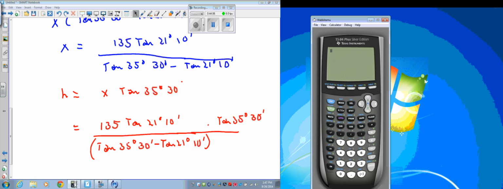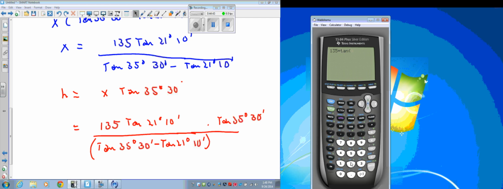It will make no difference which way I do it, but it's easiest to see. If I put 135 tangent of 21 10, tangent of 35/30, I could bracket it or not, but I'll bracket the numerator, and then I'll bracket that denominator. So I'll go 135. Oops, I told you I was going to bracket this. It will not make any difference. This part won't.